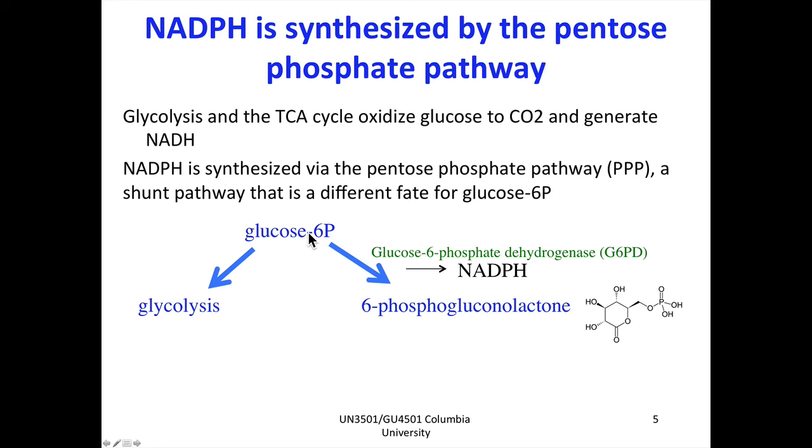Glucose 6-phosphate can either continue down glycolysis, or it can go into the pentose phosphate pathway where it makes 6-phosphogluconolactone, this lactone, and then goes on to various fates. But this is the key reaction in terms of NADPH, because this is an oxidation of glucose. Glucose is getting oxidized.